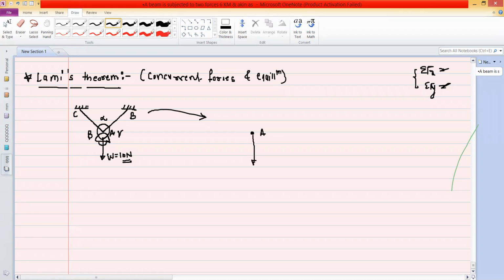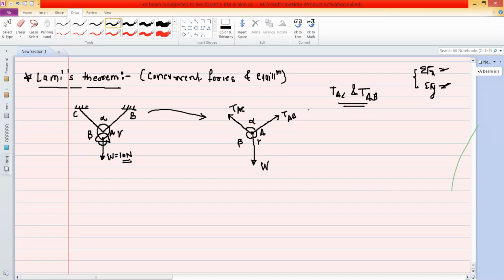This is the weight of the bulb, which is W. Then there will be tension in the cable AB, so this is the tension vector, tension AB, then tension AC. This angle is given as alpha, this angle is beta, and this angle is gamma. Suppose we want to find the tension AC and tension AB.